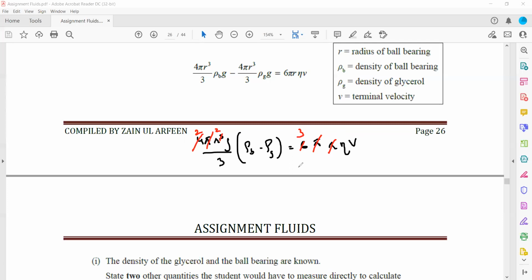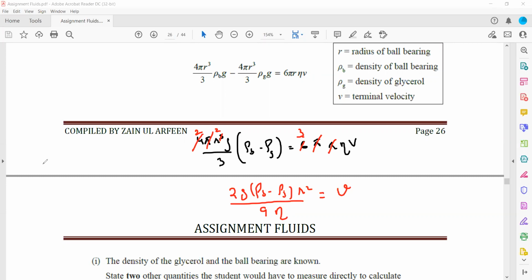And if I move the viscosity to the other side, we are left with 2, the gravity g, the difference in the density of the ball bearing and the density of glycerol, then r square, divided by 3 multiplied by 3, which will be 9, and the viscosity eta and then v.